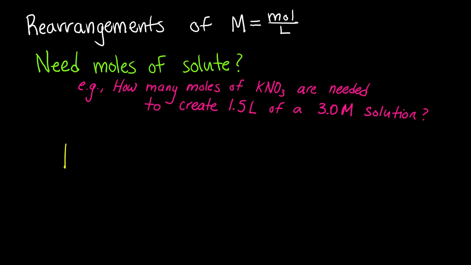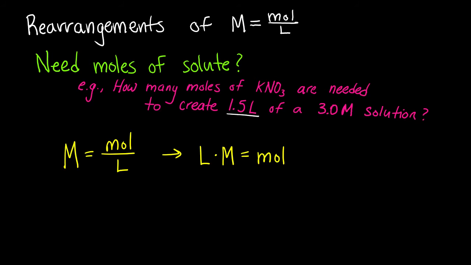So if molarity equals moles over liters, then you can rearrange the equation to solve for moles by multiplying both sides by liters, giving you that the volume in liters times the molarity equals the number of moles. In this example, we can see that we have 1.5 liters of total solution, and 3 molar is the strength or the concentration of the solution.